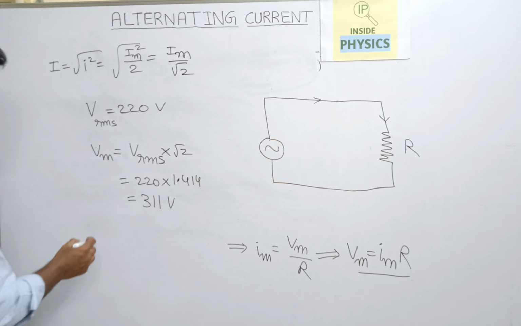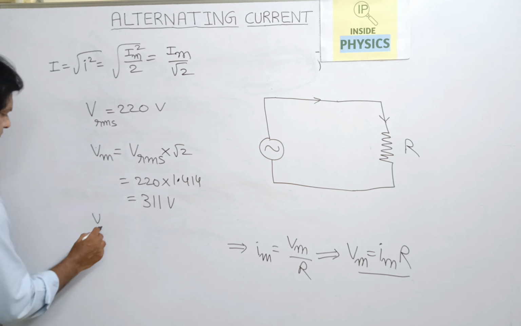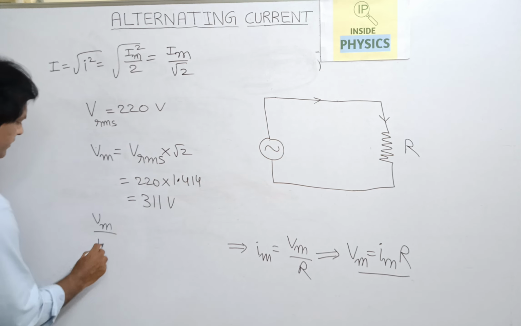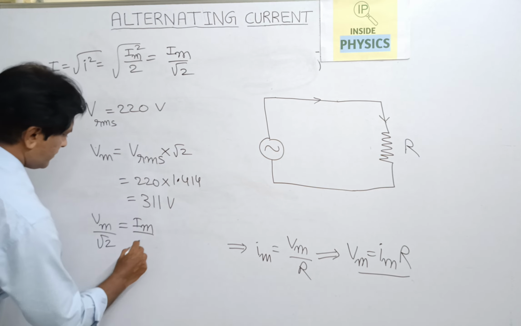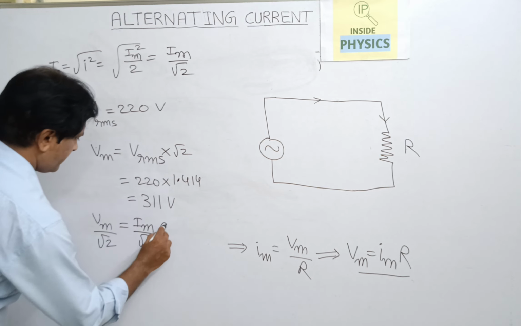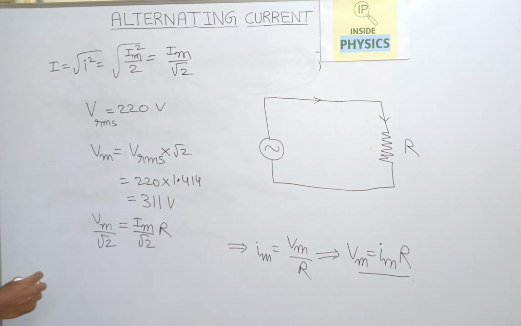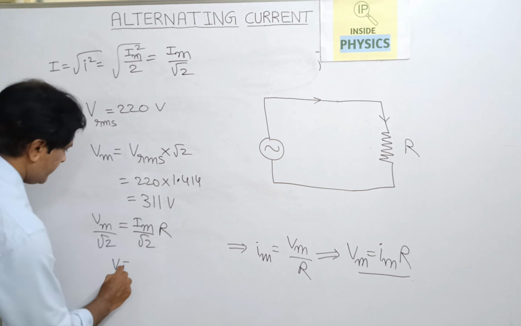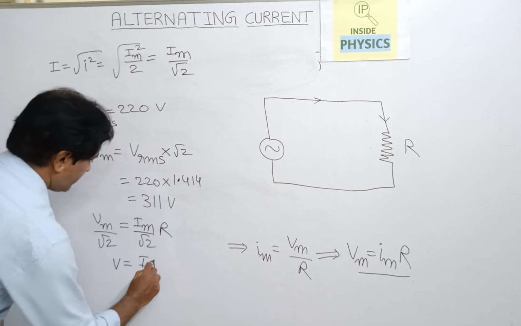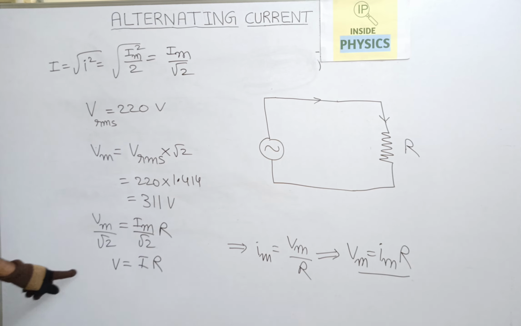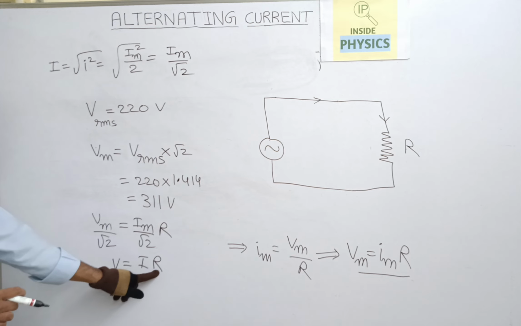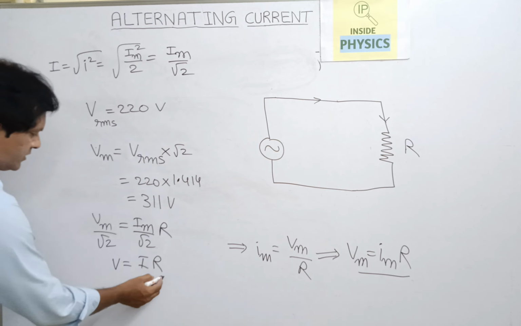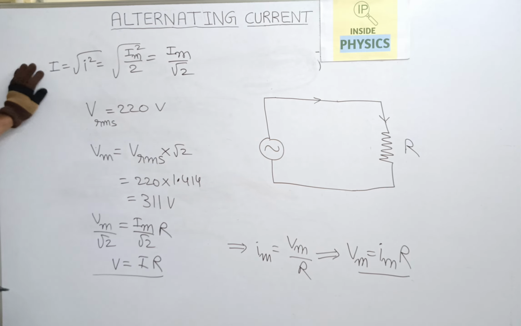Here we can also write the same thing like this: V RMS is equal to the RMS current into resistance, which is like an Ohm's law relation.